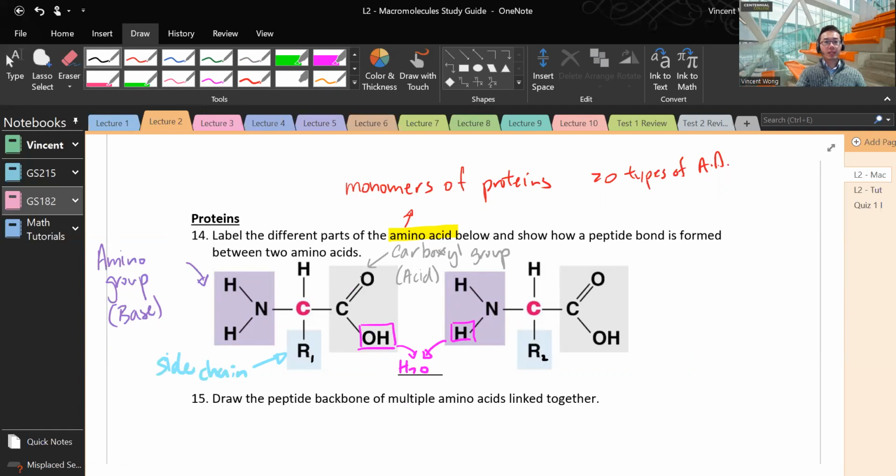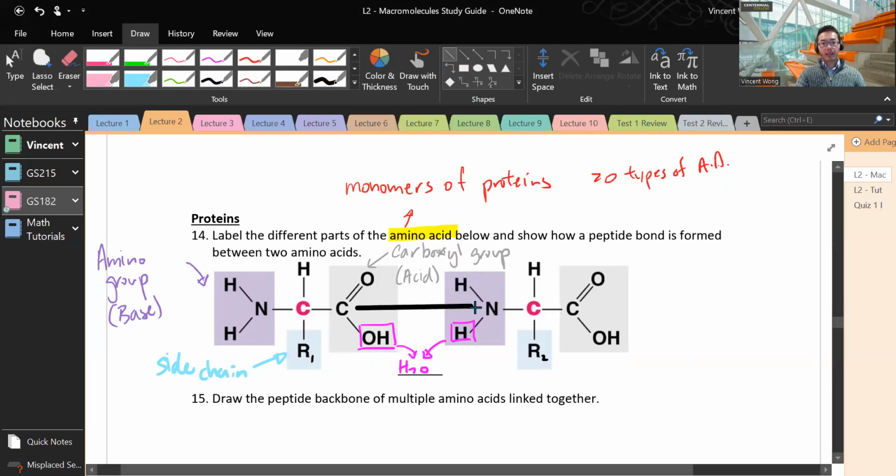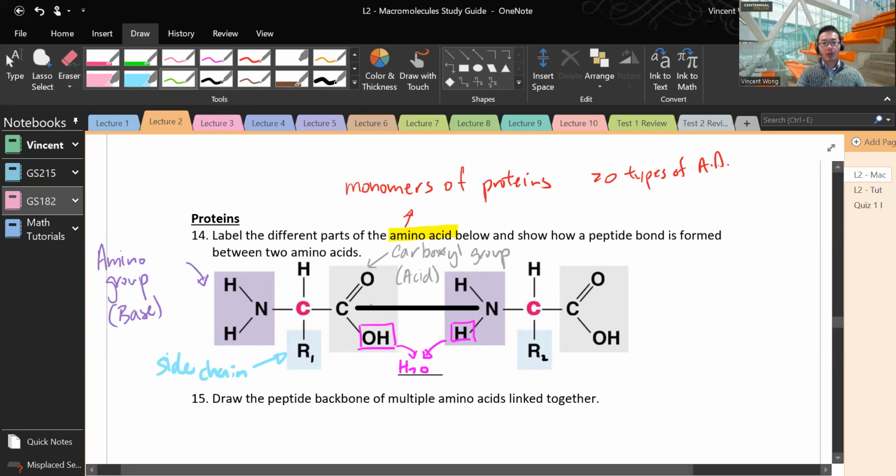And afterwards, we are going to form a new bond, a new connection between the carbon and the nitrogen, like that. And this bond is what we call the peptide bond.